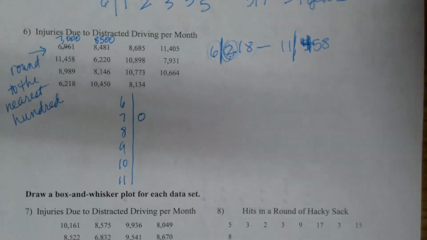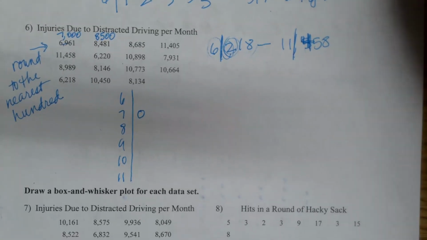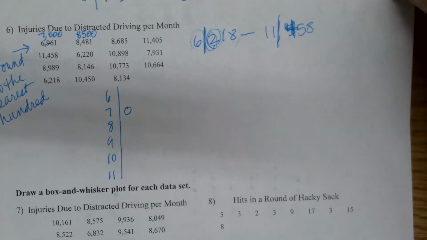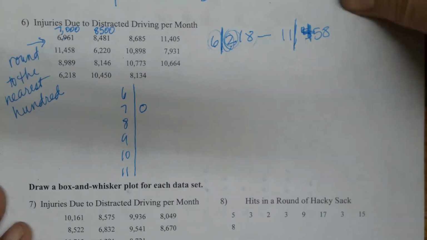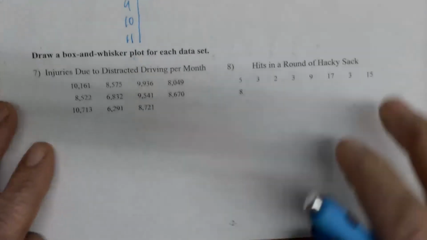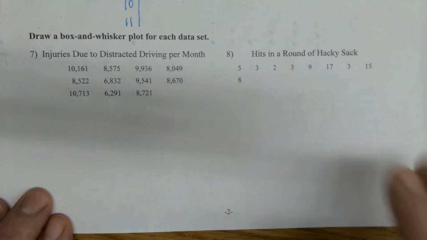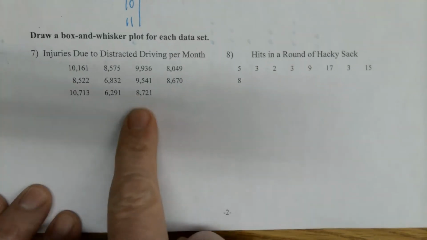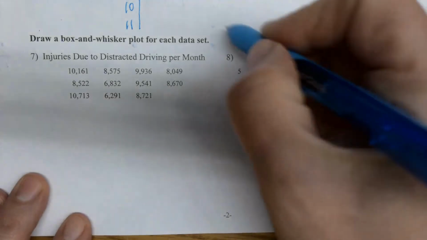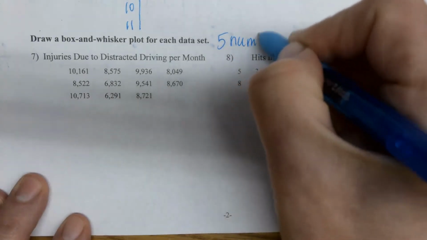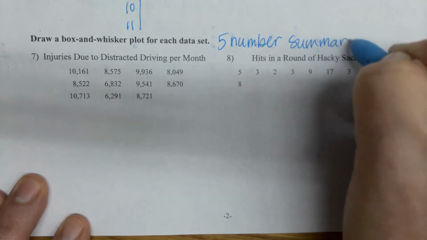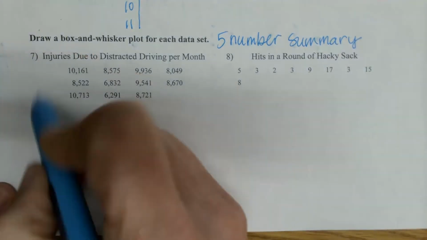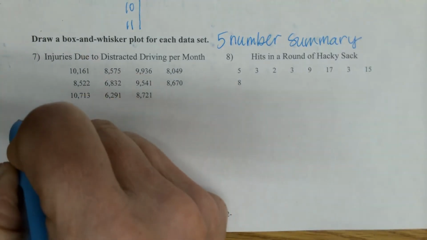And then the last type of graph we learned is a box and whisker plot. That's our number 7, box and whisker plot. When we do a box and whisker plot, we have to find our 5-number summary. Our 5-number summary needs the lowest number, the minimum.